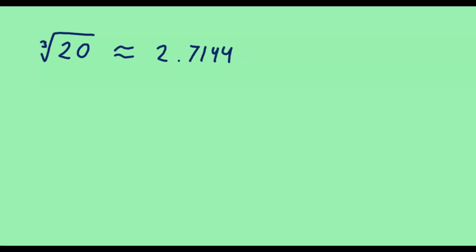So if we want to write the exact value, we write it like this, the cube root of 20. And if we want to write the approximate value in decimals, then we can write it like this. It's approximately 2.7144. So we can see that 20 is not a perfect cube, and so its cube root is not an integer.